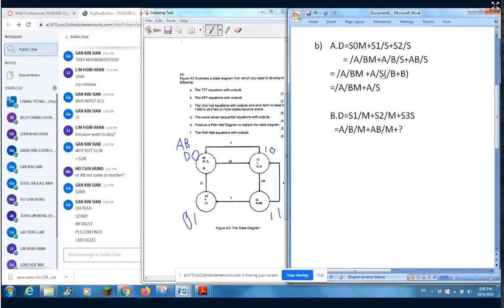S3 is A bar, B, S. So for this equation, M bar and A, yes, you can take out your A, M bar, so left with B bar or B. Or with A, B, S. So we are left with A, M bar, or with A, S.